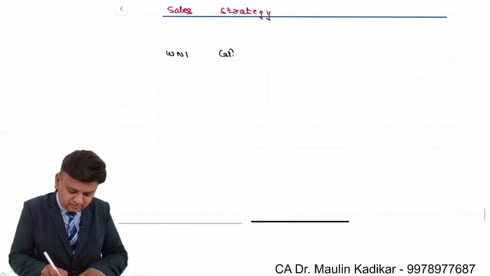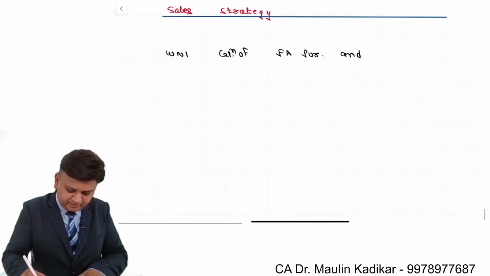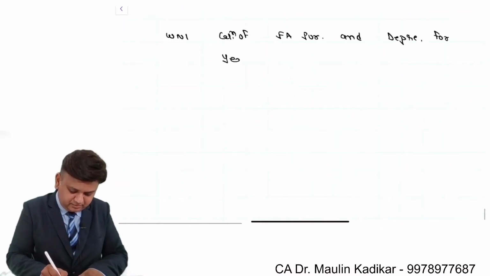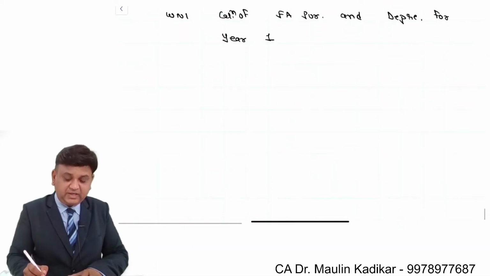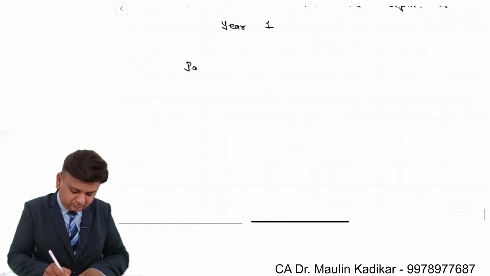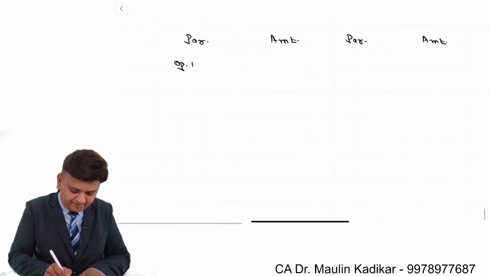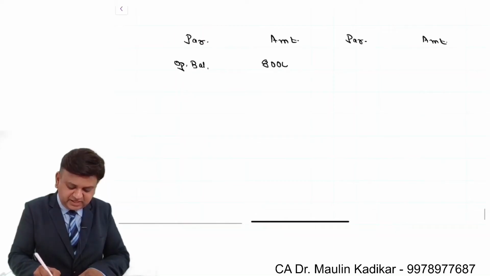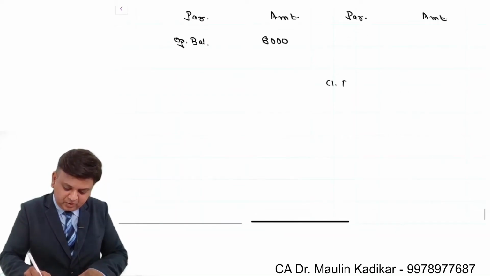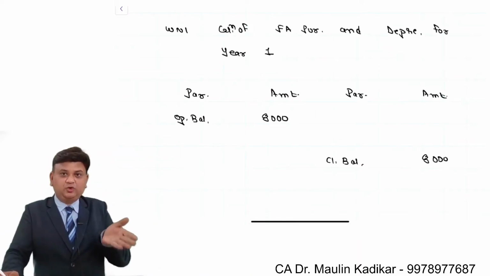Working note number 1: calculation of fixed asset purchase and depreciation for year 1. Opening balance is 8,000. Closing balance would be 8,000 itself. Why? Because we assume that the sales is not growing.